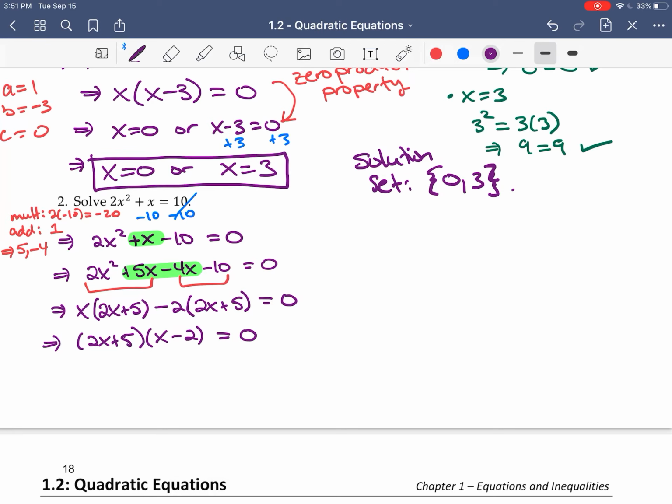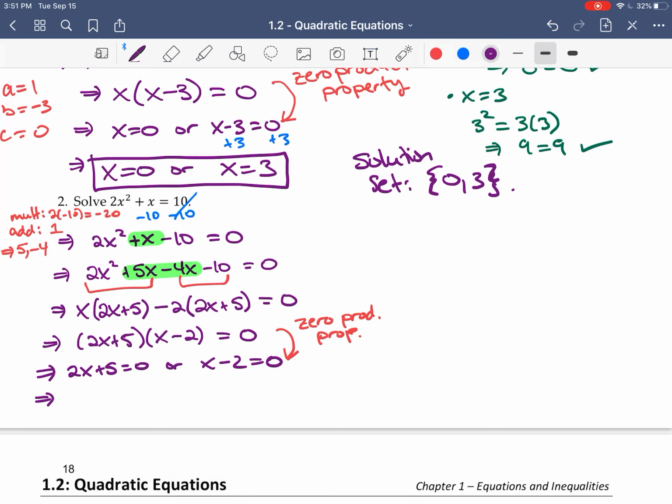And now we have the zero product property, which says that if these two things multiplied together give me 0, well, that means that one of them has to be 0. So either 2x plus 5 is 0 or x minus 2 is 0.